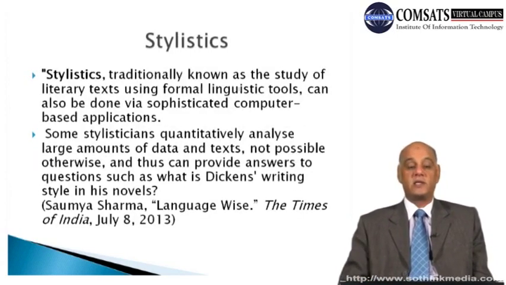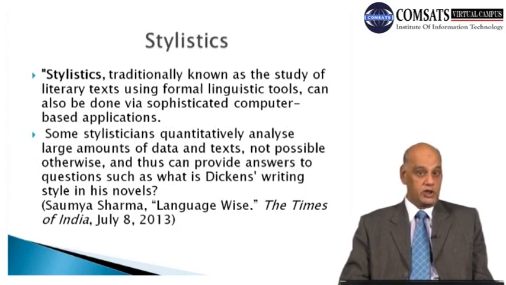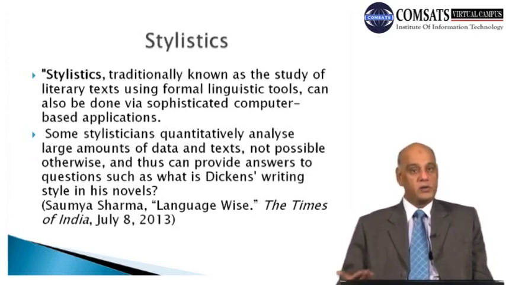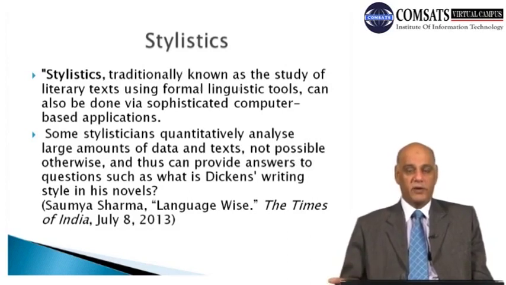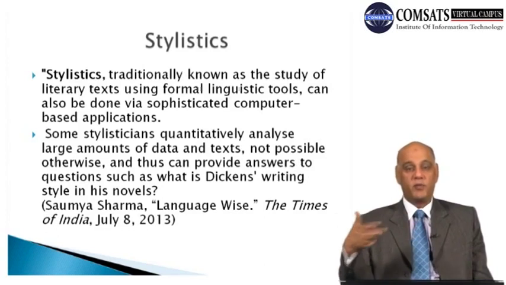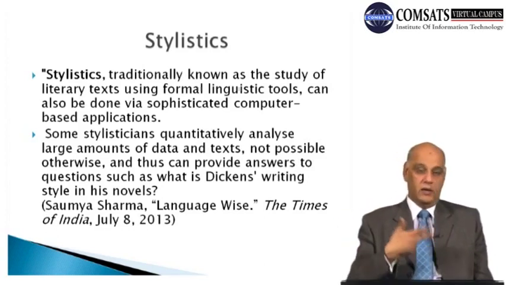Stylistics, traditionally known as a study of literary texts using formal linguistic tools, can also be done via sophisticated computer-based applications. Talking about the modern age, now you can also look at literary works using computer-based applications. You have softwares which can help you to see what devices a poet or a writer is using in a certain literary work.